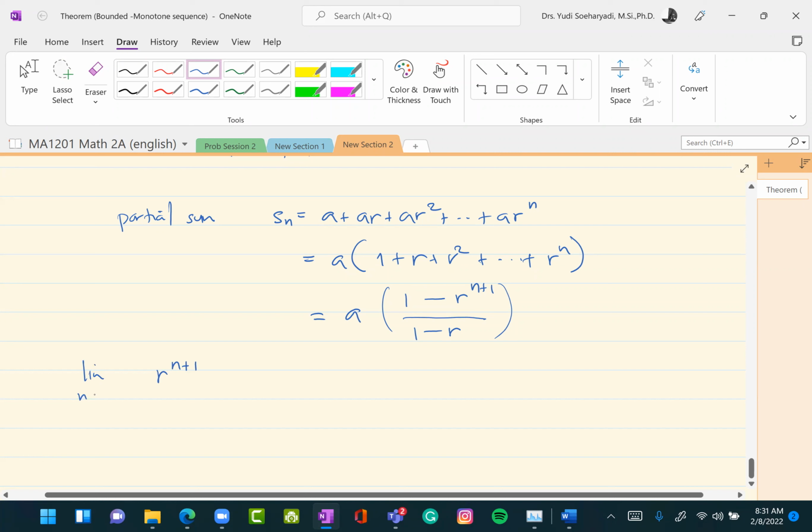This has a limit if, all right, if R is bigger than 1 in absolute value, adding the power just makes it bigger. And if the ratio is less than 1 in absolute value, then it's getting smaller, converging to 0.